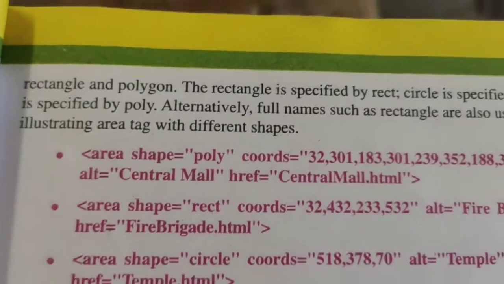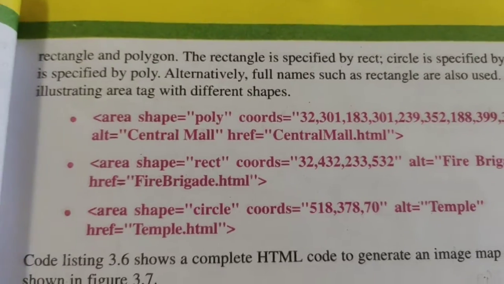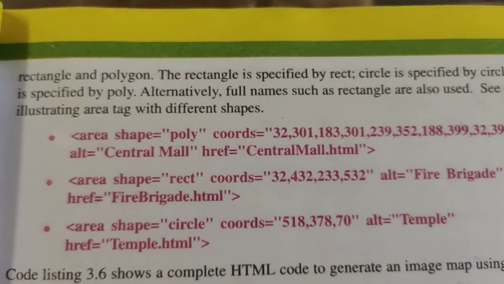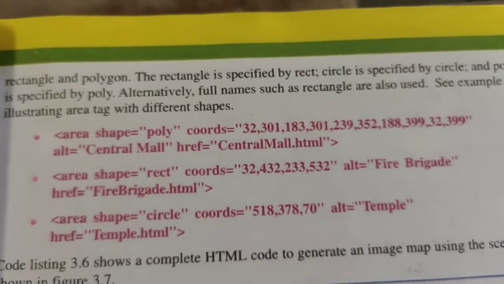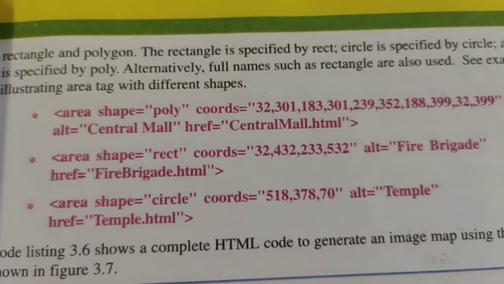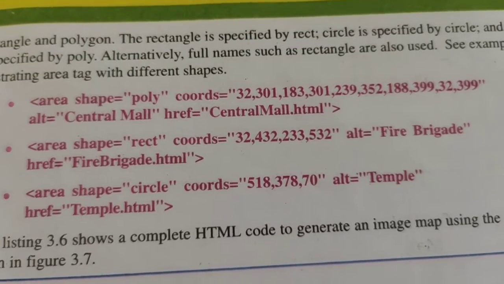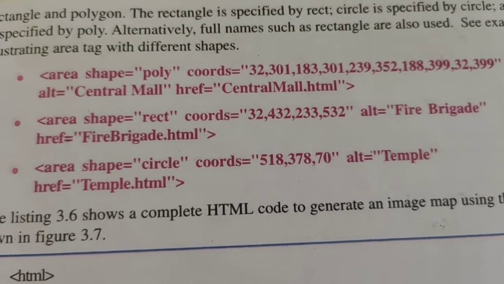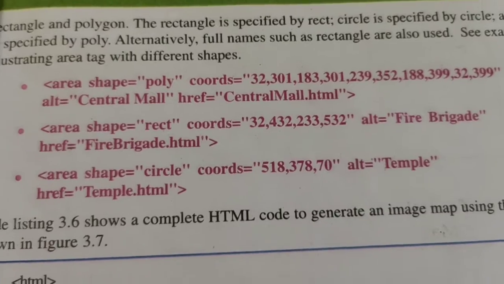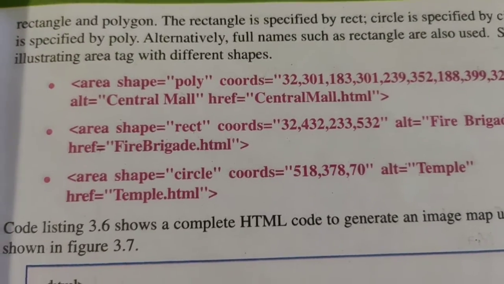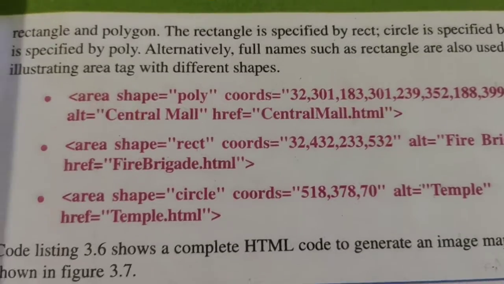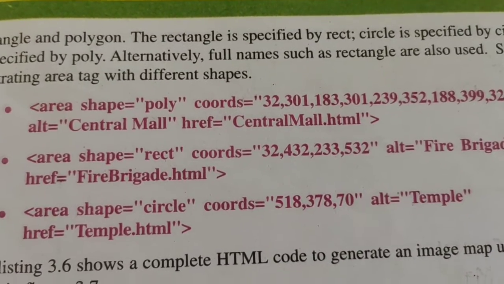You generate this location with these tags: area shape, poly, coords, the code of the street and the lane; area shape, code, first name bridge, fire bridge, and second for lane temple. By clicking on this link, you get the entire current location of your office or your house.